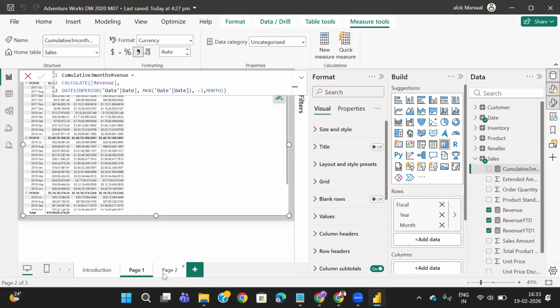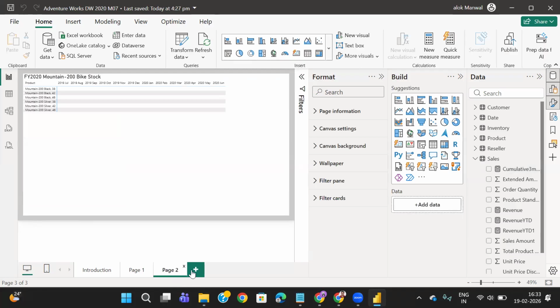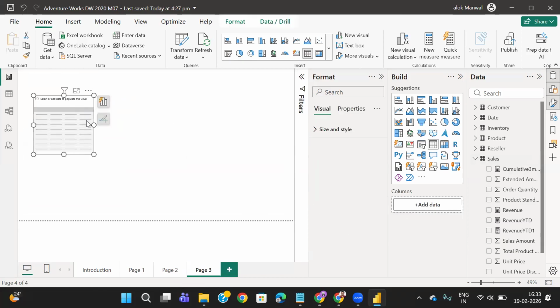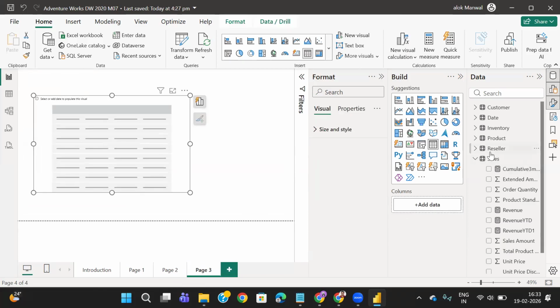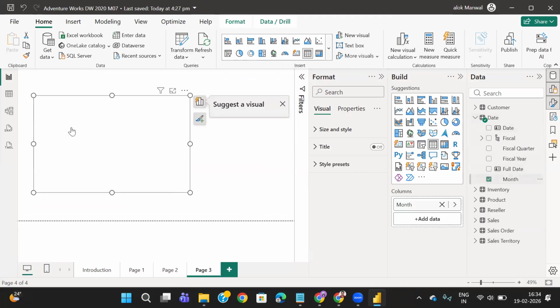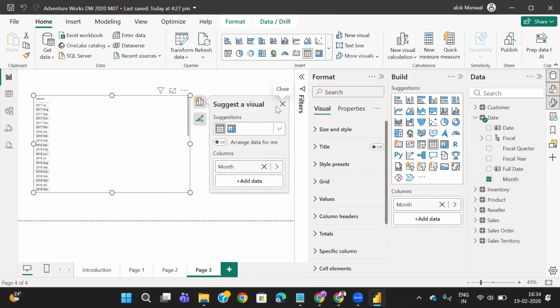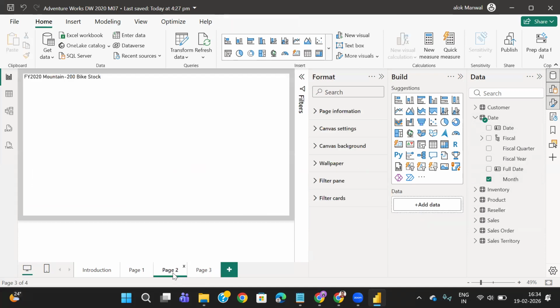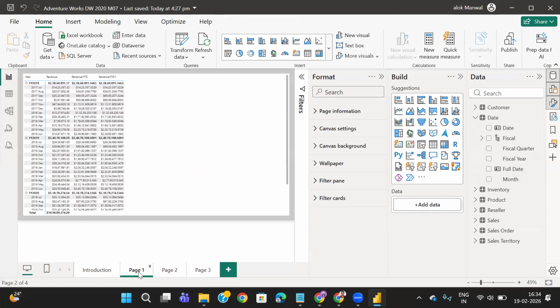I have to create another table, because it's date wise, but I want month wise now. So here is the month. It's already a month: July, August.